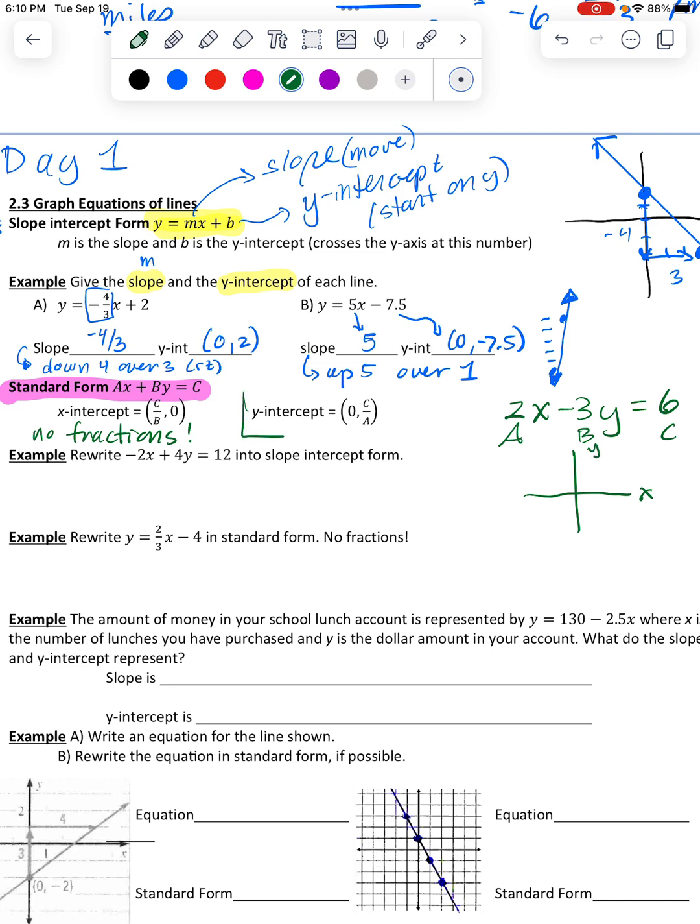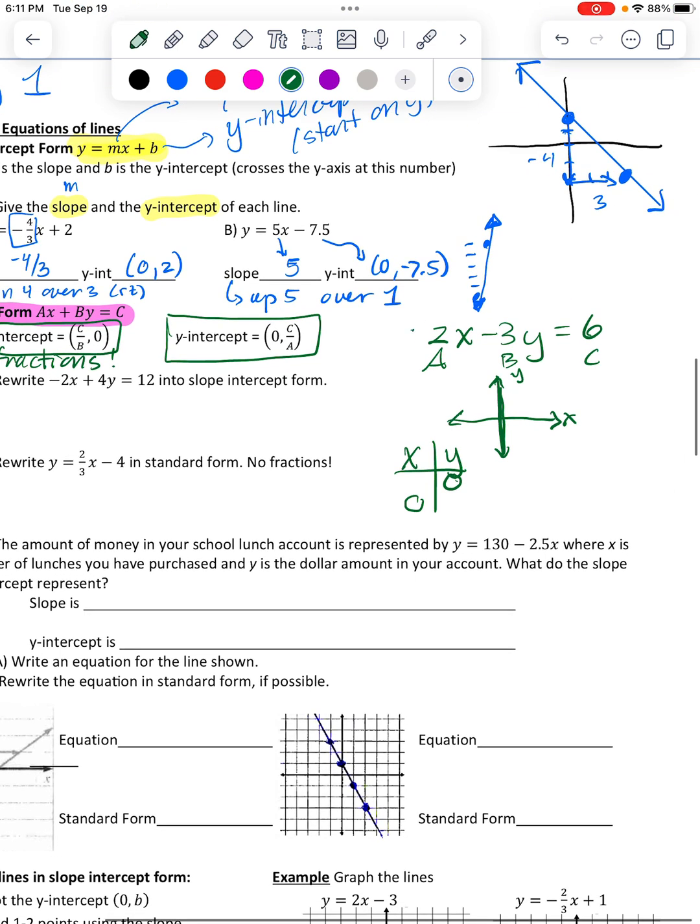This is helpful, I guess, if you have the formula in front of your face, but it also can be confusing to try to memorize. What it's saying is if you want to figure out where it's going to cross the x-axis, everything on the x-axis has a 0 in the y spot. And then if you're trying to figure out the y-intercept where it's going to cross the y-axis, everything on the y-axis has a 0 in the x spot.